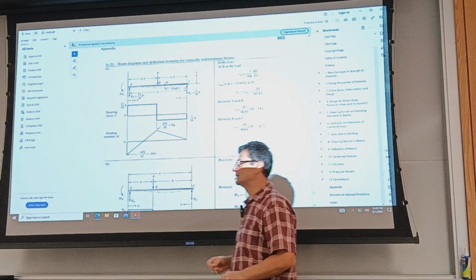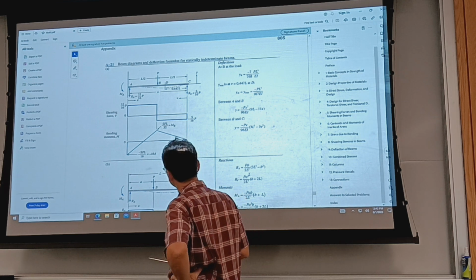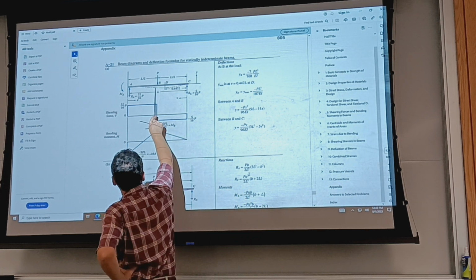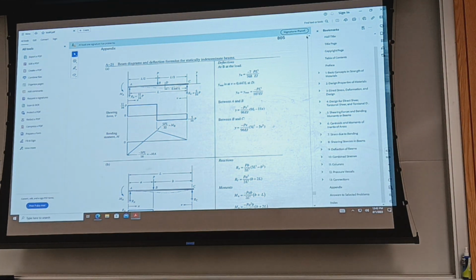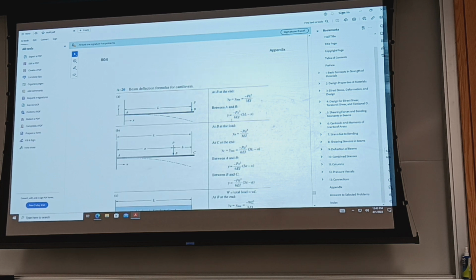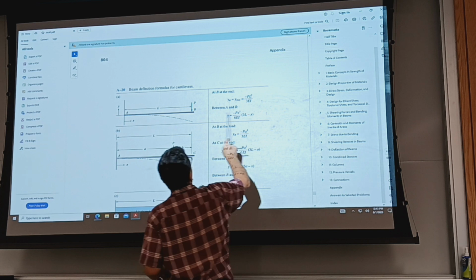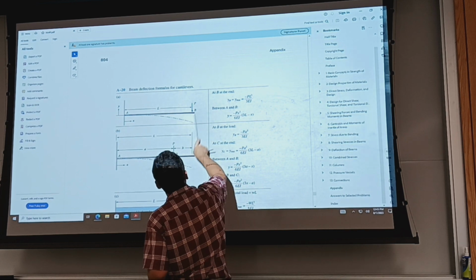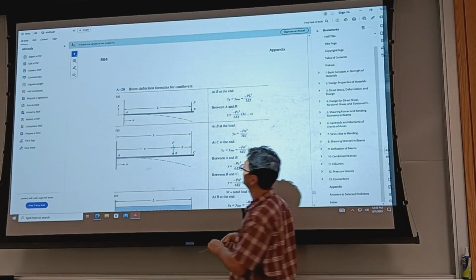You'll see what I anticipated, that you can analyze this using the principle of superposition as being the overlap between two statically determinate cases. So we have this case and this case overlapped, where this force is negative P. Of course, the two are different. If you do principle of superposition, you have two different P's.